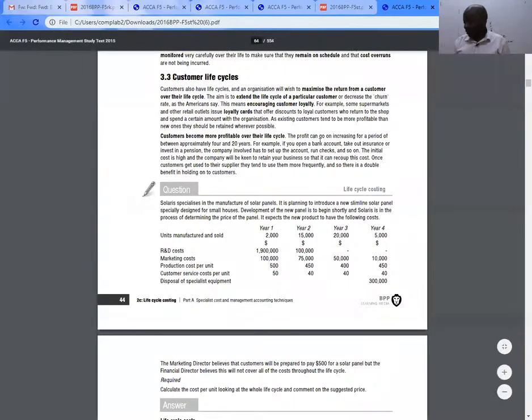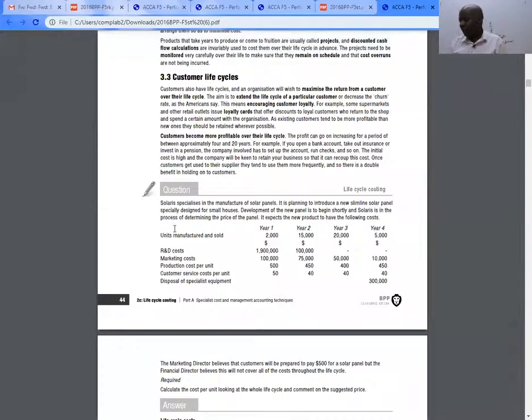Very easy. So you can see here they're telling us Solaris specializes in whatever. Units manufactured and sold: year 1, 2,000 units, year 2, 15,000 units, year 3, 20,000, and year 4, 5,000. So it will be very important for you to underscore the quantity.